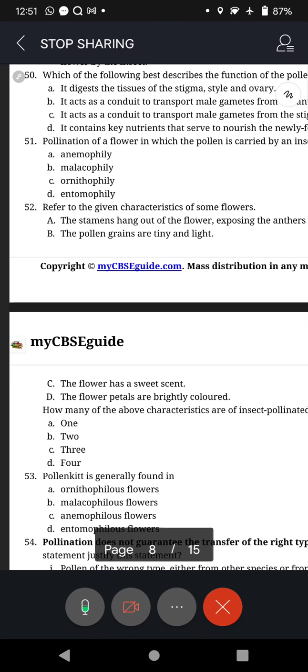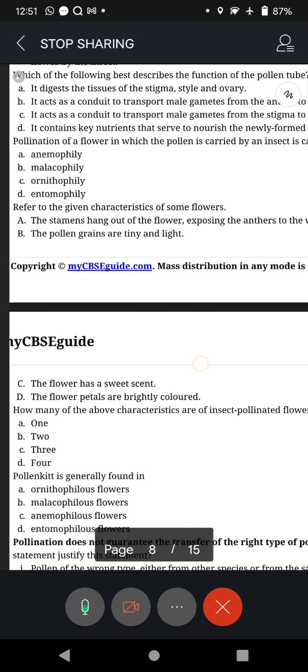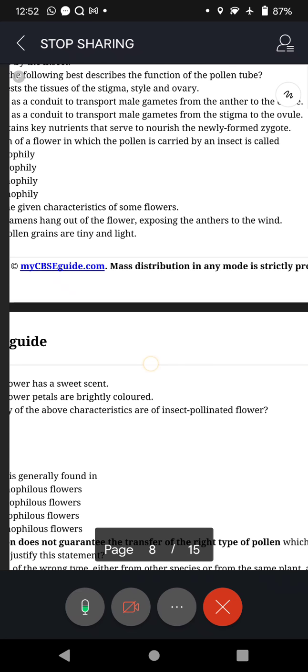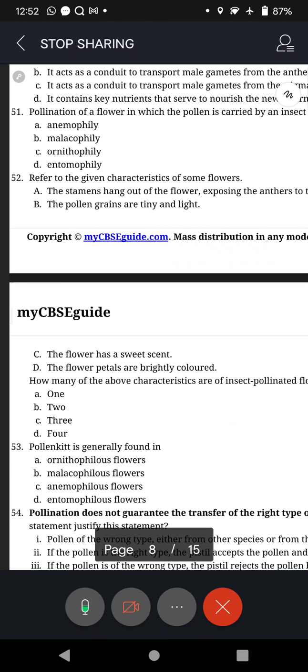We go to the question number 52. Refer to the given characteristics of some flowers. A. Stamens hang out of the flower, exposing the anthers to the wind. B. The pollen grains are tiny and light. C. The flower has sweet scent, fragrance. D. Flower petals are brightly colored.